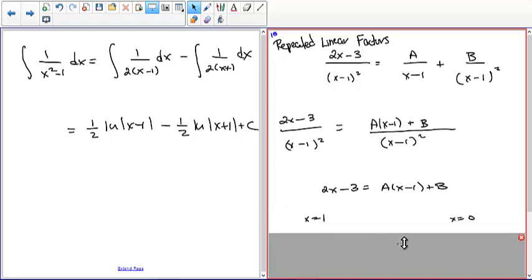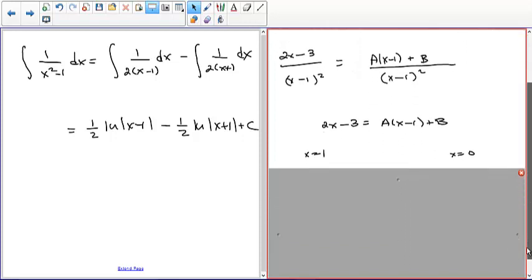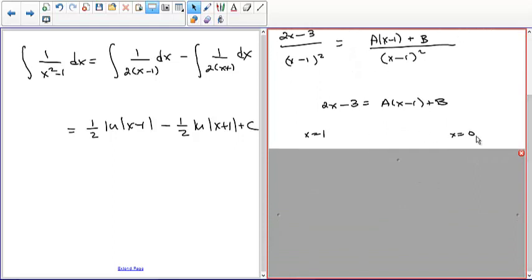Now, we could choose x equals anything. And the only reason we choose 0 is because this goes to 0. Otherwise, it doesn't really matter. We'll get the same answer no matter what the second value of x we choose. So it's simpler in that case. Second choice is always 0.